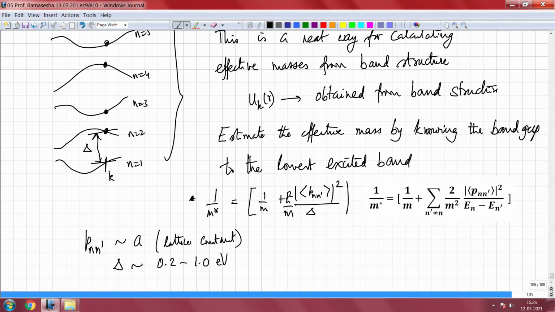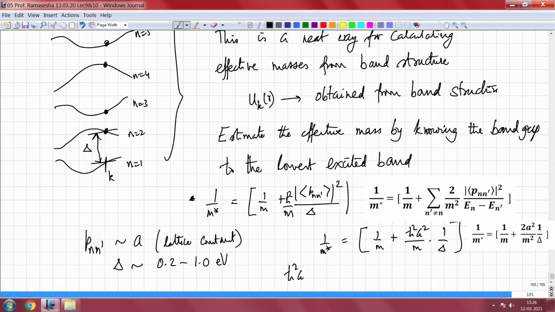So 1 by m star is equal to 1 by m plus h cross squared a squared by m times 1 upon delta, and h cross squared a squared by m is roughly of the order of about 10 electron volts. You can actually stick in the constants and get it, and it is about 10 electron volts.